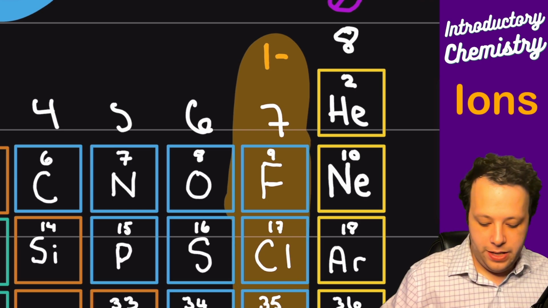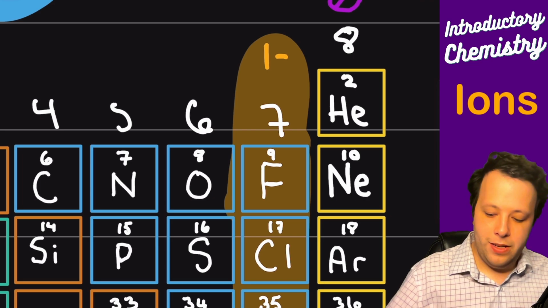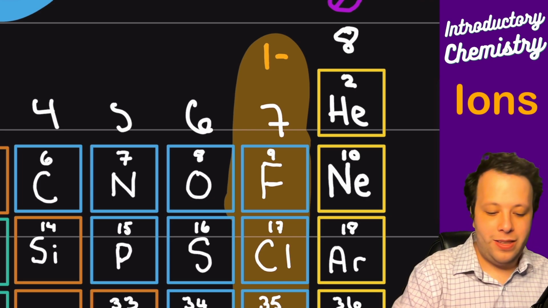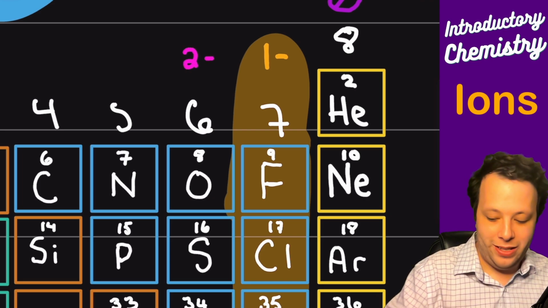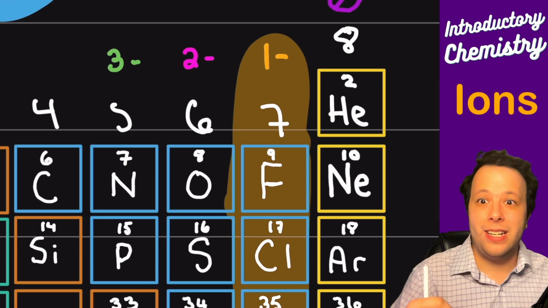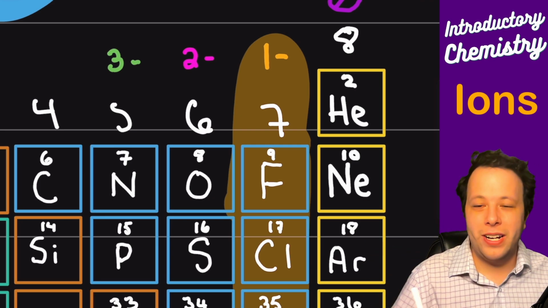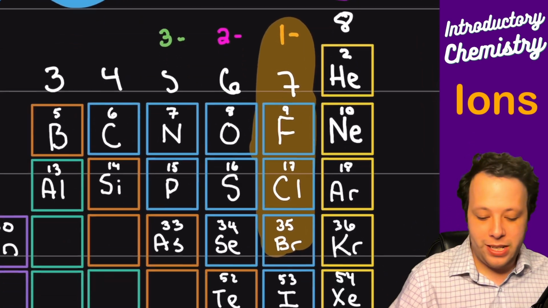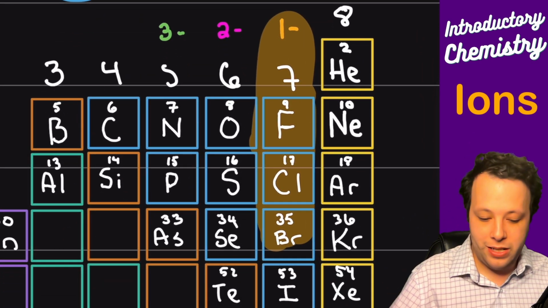So all of that will be our first one, and we'll put that there. As we move over, the next column will be 2-, and the one next to that will be 3-. So it keeps going, right? This has a tendency to want to take more and more electrons because the goal is to take all the electrons that it can to fill that outermost layer.